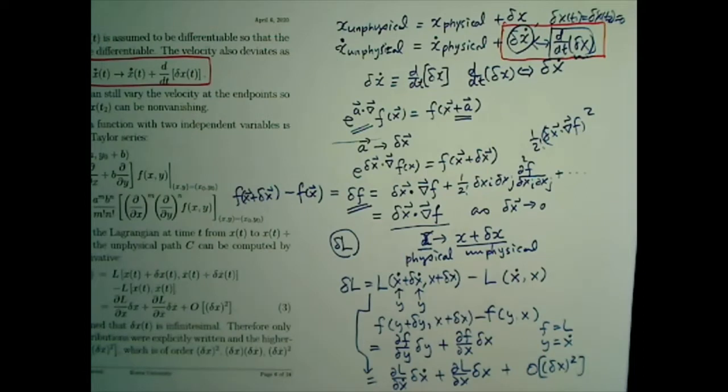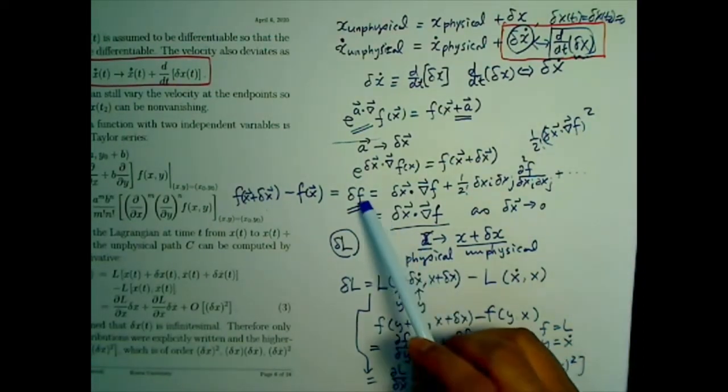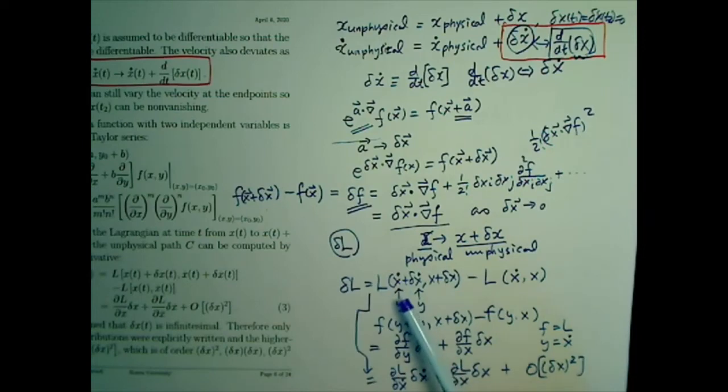All right, so let us substitute the Lagrangian for f. And we have two variables, x and x dot. The Lagrangian is a function of kinetic energy, the kinetic energy a function of x dot, and the potential energy a function of x.